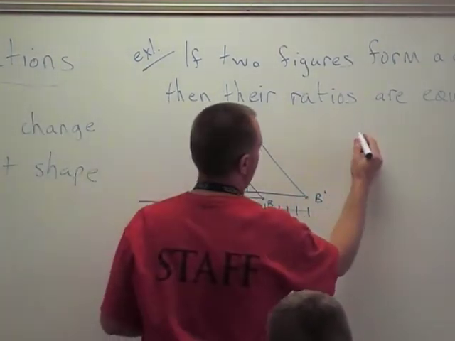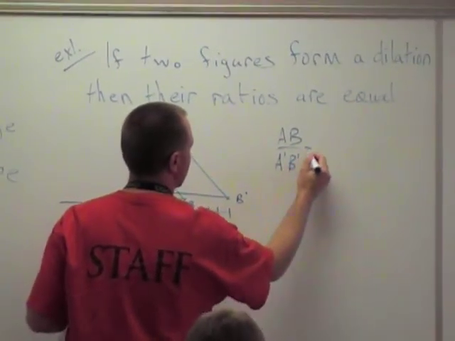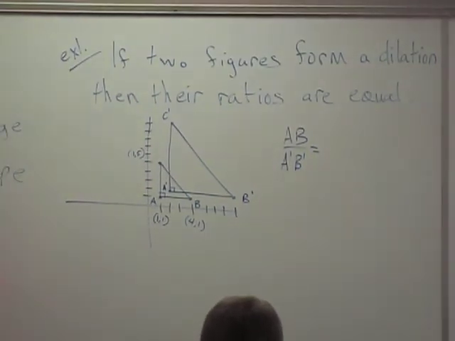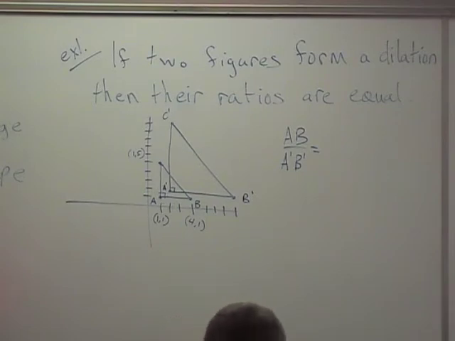Let's do AB to A prime B prime. Everybody tell me what that ratio is. What is that ratio, Christian? What's AB? What's the distance from A to B? Are you not writing this down? Well, tell me what the distance from A to B is. 3.